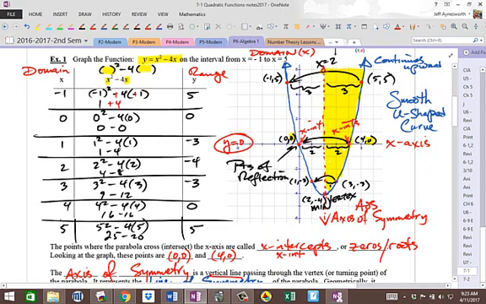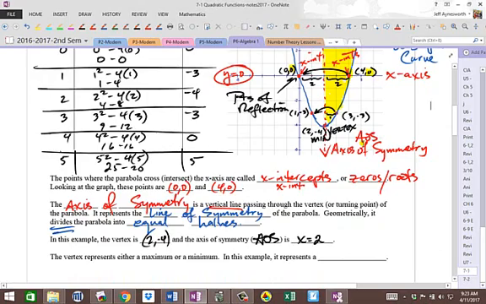So we understand that the line of symmetry, or the axis of symmetry, divides the parabola into 2 equal parts. We use it to reflect points from the right to the left, or the left to the right. We understand that wherever the parabola intersects the x-axis are called x-intercepts, and they're easy to locate if they intercept directly on one of the grid lines.